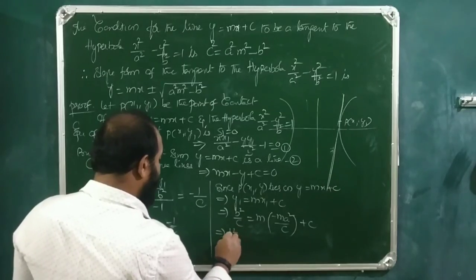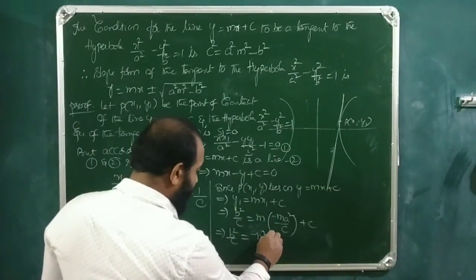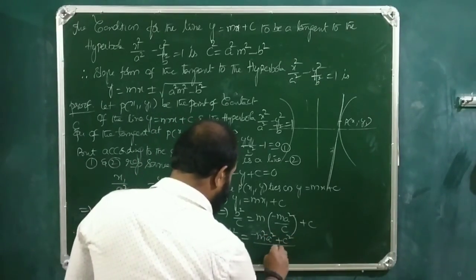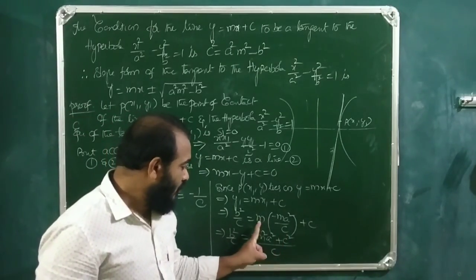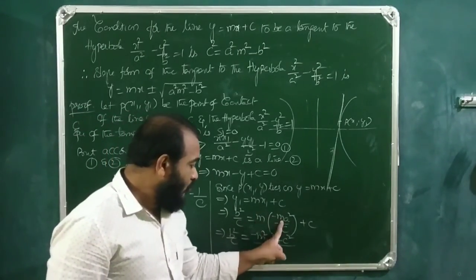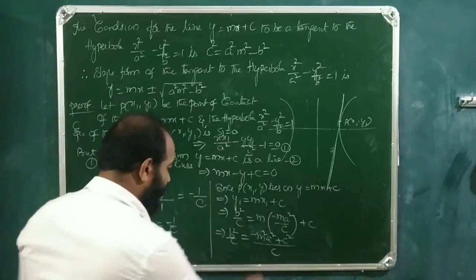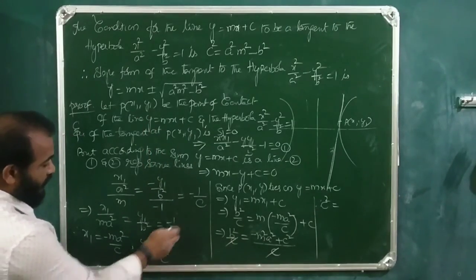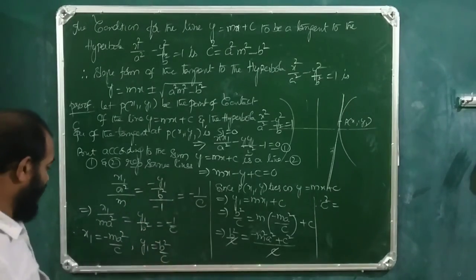So b square by c is equals to minus m square a square plus c square by c. I have taken c as the LCM. So m into minus m a square, c into c, square by this. So c gets cancelled.